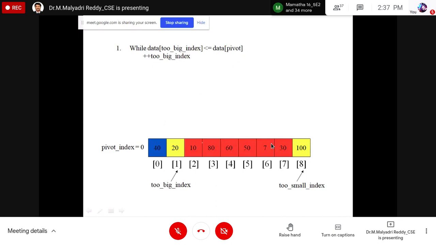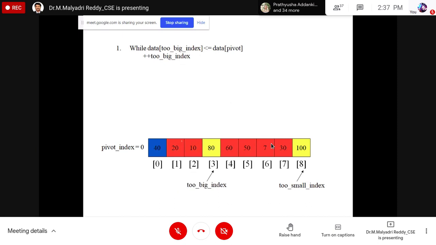If it is true, then move on. Initially, smaller than the pivot, the condition is true. Increment the index. Next, it is true, increment the index. Big, the condition fails.